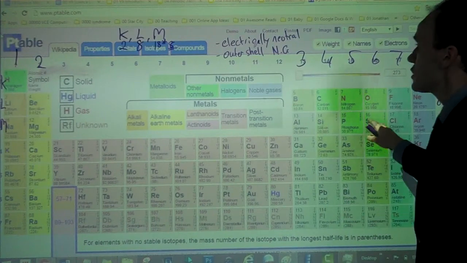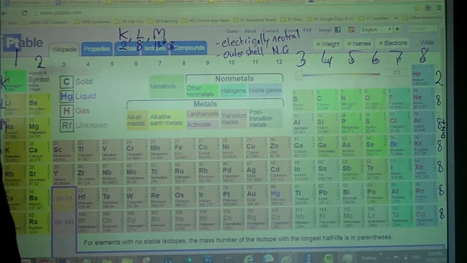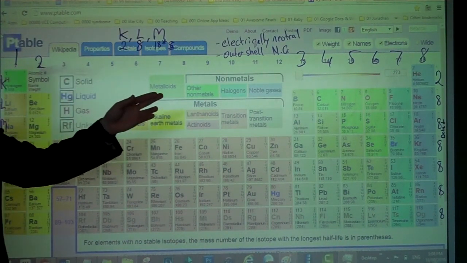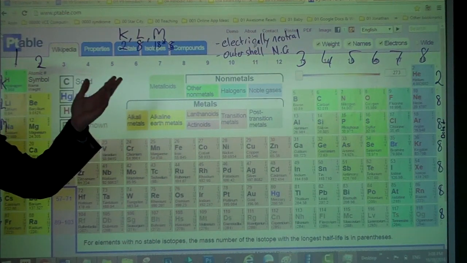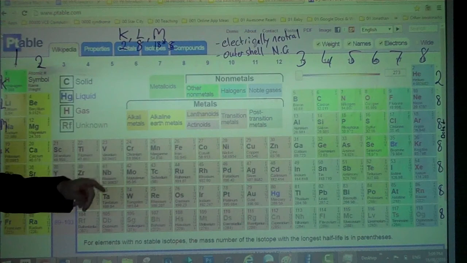Now, hydrogen has an atomic number of 1. How many electrons does it have? 1. Well, unless it's an ion. In this configuration, atomic number 1, number of electrons is 1, so it would be electrically neutral. Helium, atomic number of 2, how many electrons? 2. And that is electrically neutral.